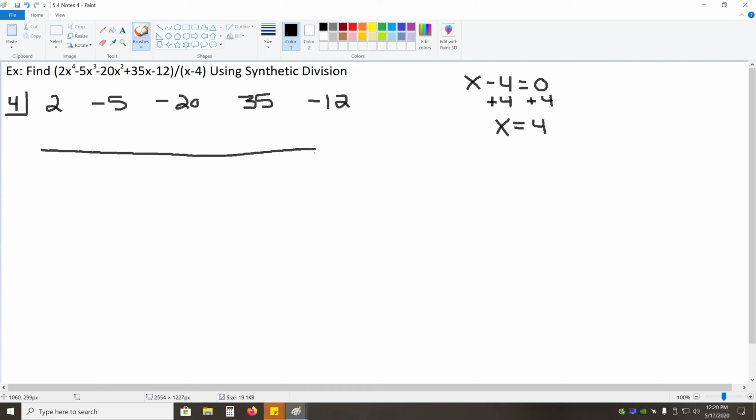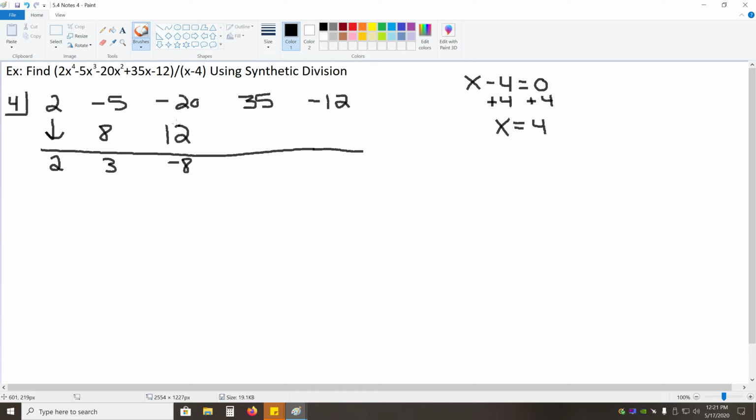And now remember, we want to bring down the first number, 2, and multiply that by our 4, which gives us 8. Negative 5 plus 8 gives us 3. 4 times 3 gives us 12. Negative 20 plus 12 gives us negative 8.